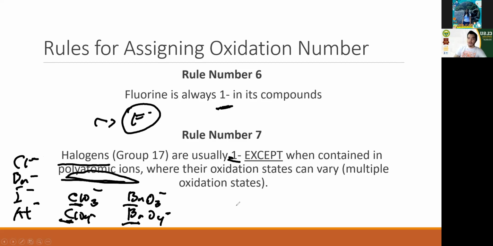Kasi, di ba, from your molecular geometry, si Cl is meron ng d orbitals, pwede na siyang mag-carry ng extra electrons. Kaya, with the exception of polyatomic ions, yung halogens natin is nag-iibang oxidation state. Mamaya malalaman natin yan.